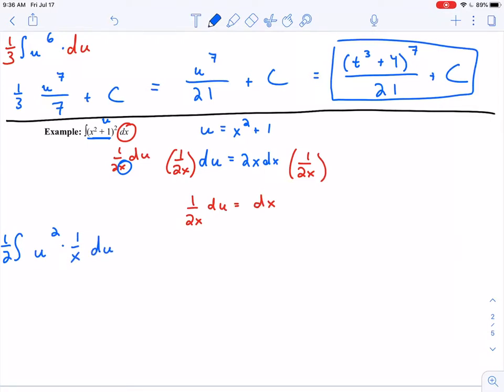And I have a really, really big problem here. And that's that I have this integral now written in terms of u and in terms of x. This is something you really want to avoid. You don't want to mix and match your variables here. You don't want to end up with something in terms of two variables, because that's even worse.